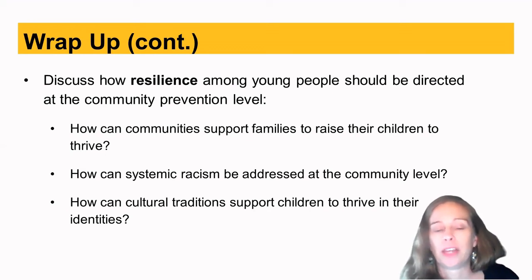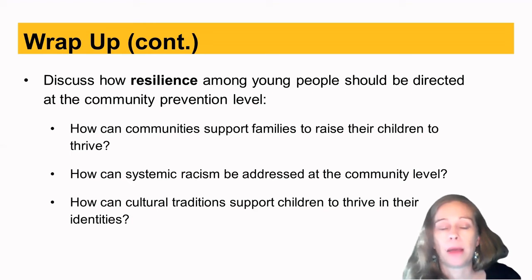And how can we address systemic racism at the community level? So we know, particularly in the current pandemic, that we see systemic racism affecting both the coronavirus and racism. And so how can we help address that at the community level?